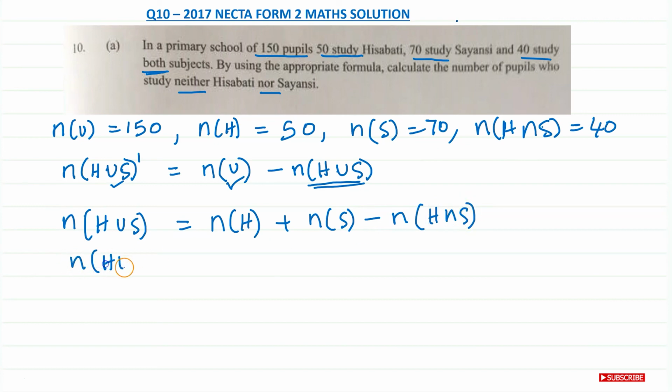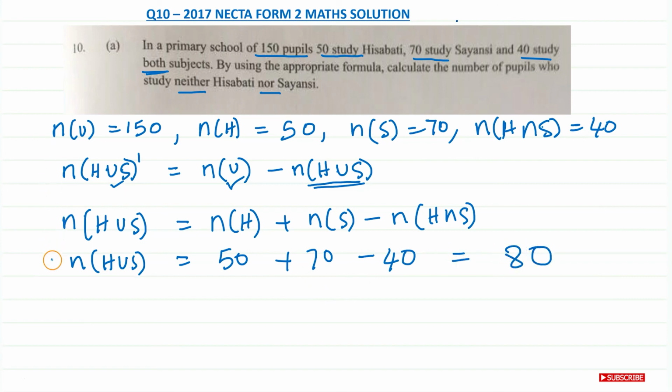Number of H union S is going to be equal, number of H we know is 50, plus the number of science is 70, minus the number of H and S, which is equal to 40. So the answer to this is going to be equal to 80.